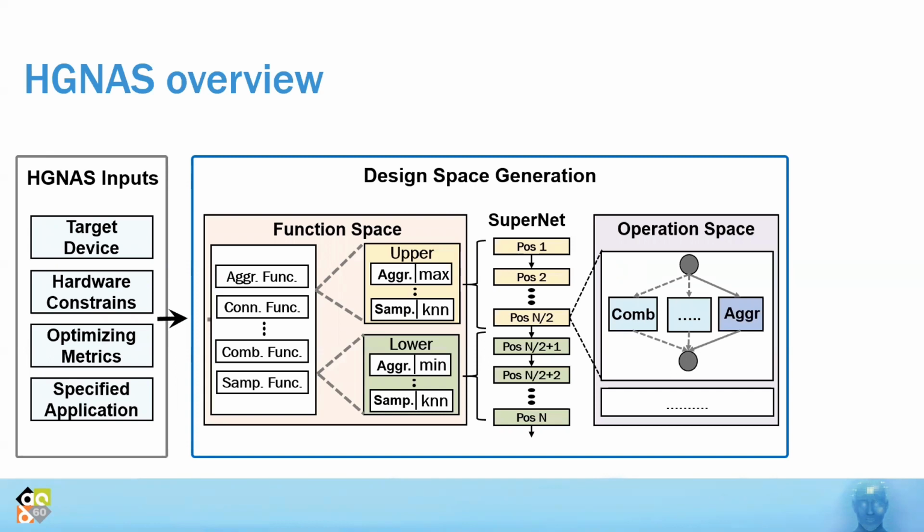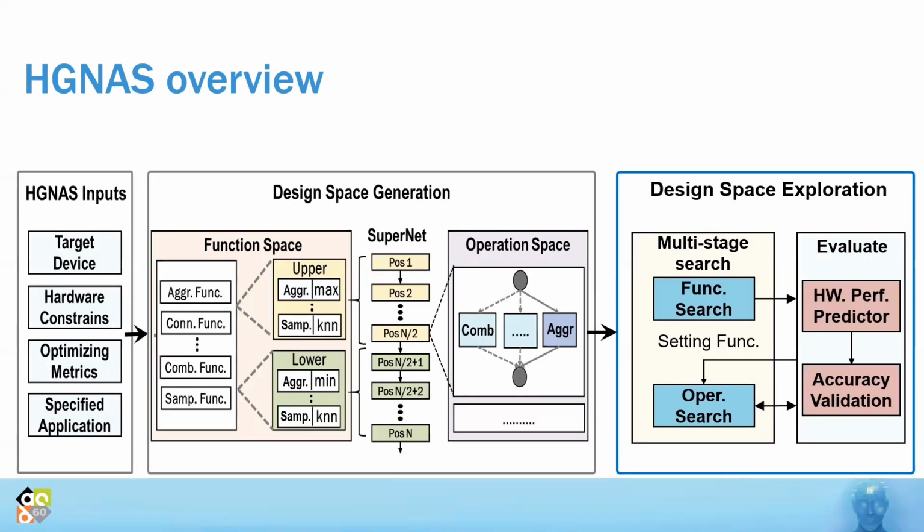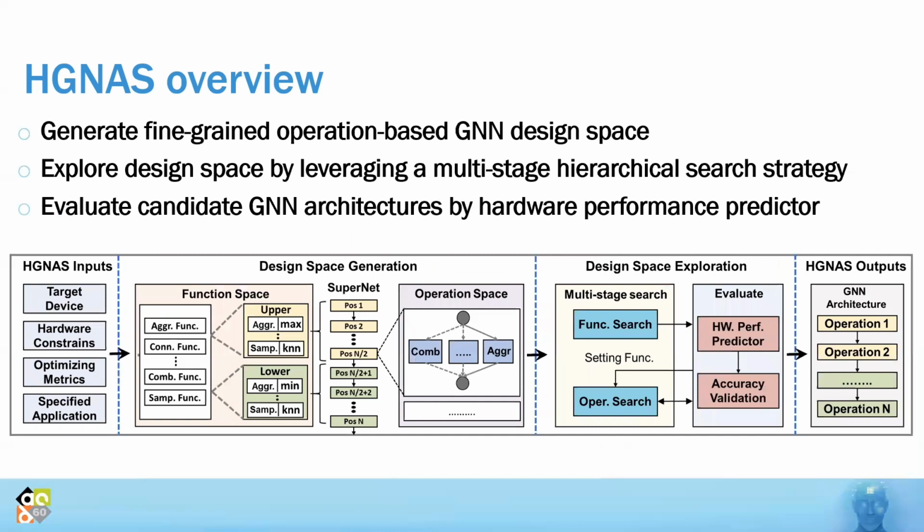Then HGNAS will enter the design space generation stage to construct a fine-grained operation-based GNN design space. After that, HGNAS will enter the design space exploration stage based on the multi-stage exploration strategy and GNN hardware performance predictor to quickly construct the optimal GNN model that meets the application requirements. This is an overview of HGNAS.